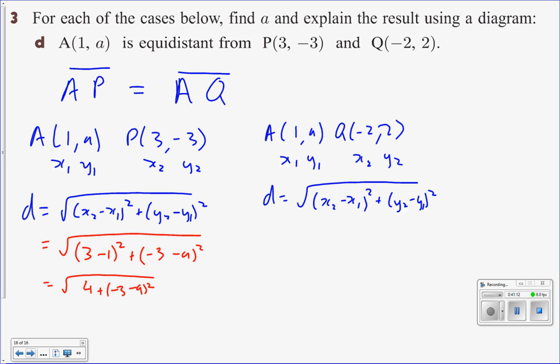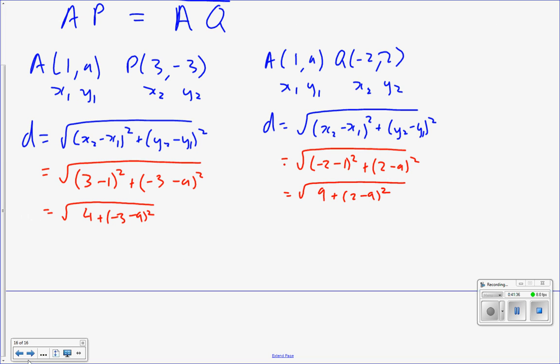Then we can now substitute in, so that is equal to square root x2, which is negative 2, take 1 all squared, plus y2, which is 2 take a all squared. So just simplifying that a little bit, so negative 2 take 1 is negative 3, so it's 9 plus 2 take a all squared. Now what we know is those two bits are equal. So we can say that square root 4 plus negative 3 take a all squared equals square root 9 plus 2 take a all squared.